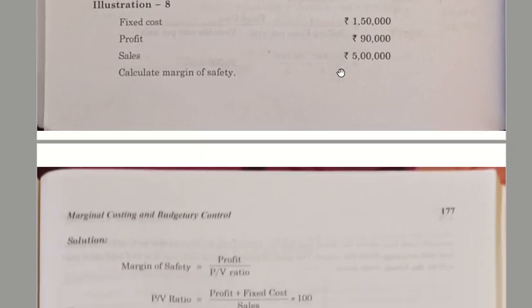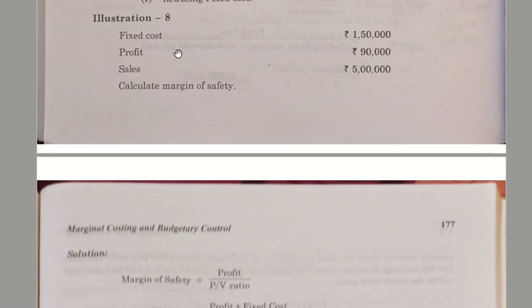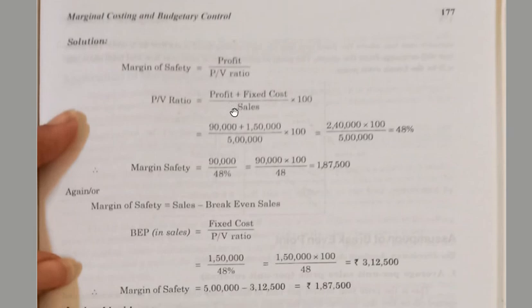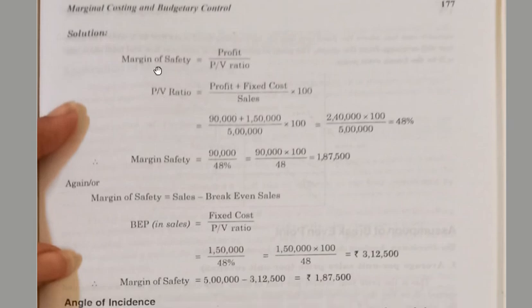So your next illustration: they have given fixed cost, profit, and sales. Calculate the margin of safety. Profit is 90,000, sales is 5 lakh. The margin of safety formula is profit divided by PV ratio, so first you need to calculate your PV ratio.